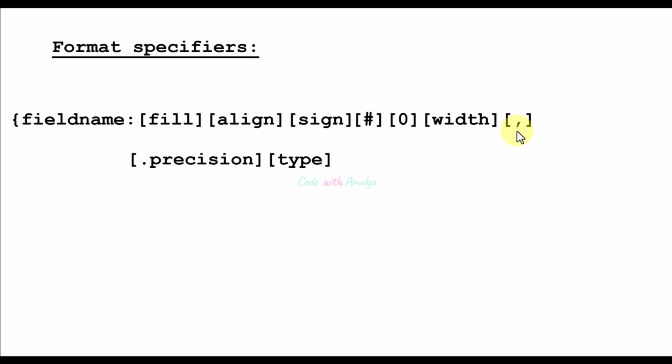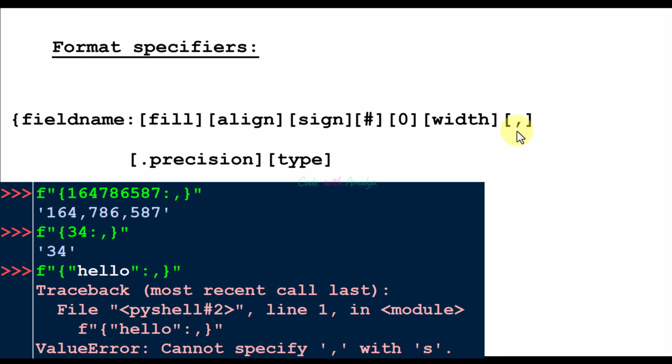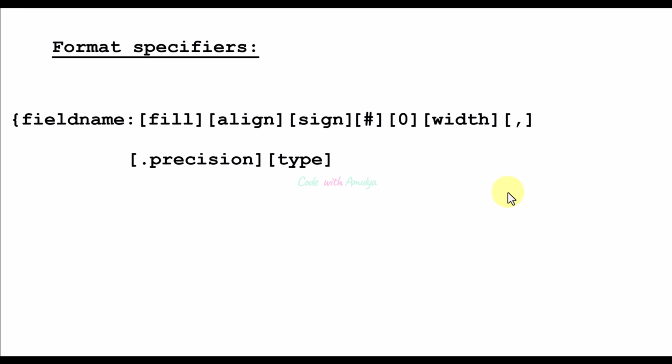And the next field is comma. The comma is used to add thousands separator to numbers to make large numbers more readable by grouping digits with commas. So here you can see it works with numbers. It won't work with strings. And here we can see few examples. The next field is precision.